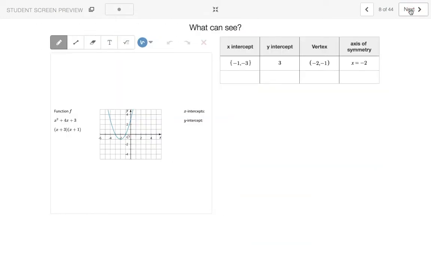Okay. I've put some solutions here. My x-intercepts are just where it crosses. I can also take these two things and solve. So I can say x plus 3 equals 0. I'm just going to do one of them.